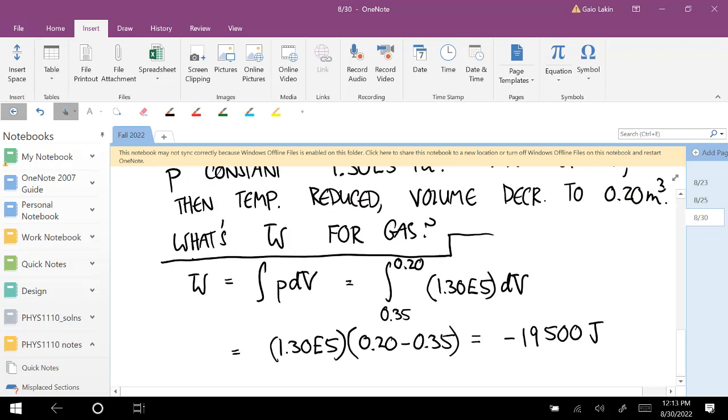And you can also see that, if the volume is decreasing, it means the surroundings are pushing in, doing work on the gas. That's another way to think about it. And since it's minus W, the change in energy would then be positive. The gas energy would go up.